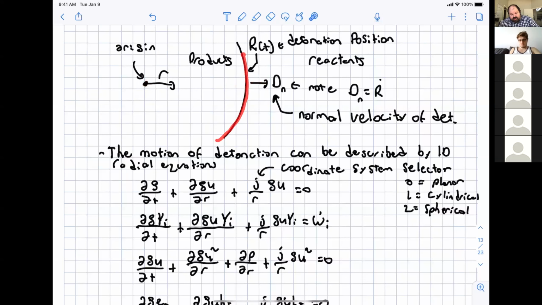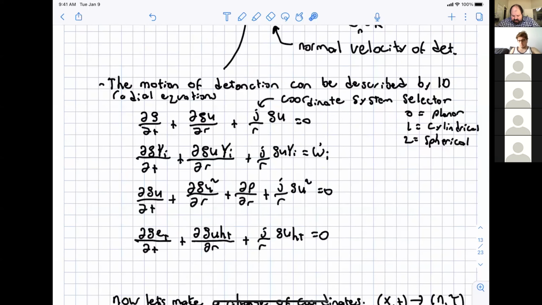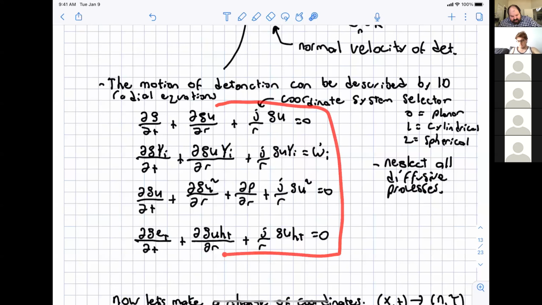This detonation would basically want to propagate away from the origin as a function of time, so we have to include the time derivative. If we take the governing equations that I scribbled down earlier and neglect diffusive processes, you wind up with this system of equations.